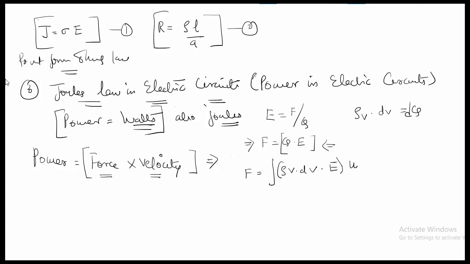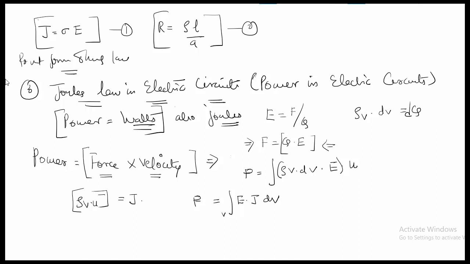So rho v into u is equal to what is my current density, J. So this equation will become power is equal to integration over V of E dot J dV. And this is not the equation of force, it is the equation of power.